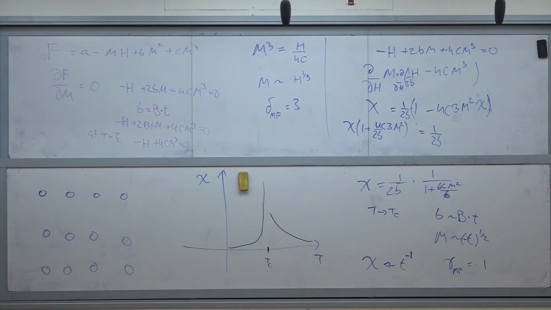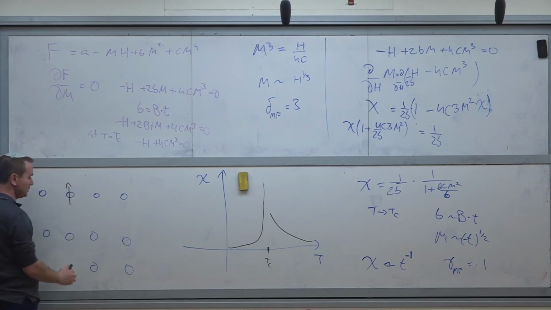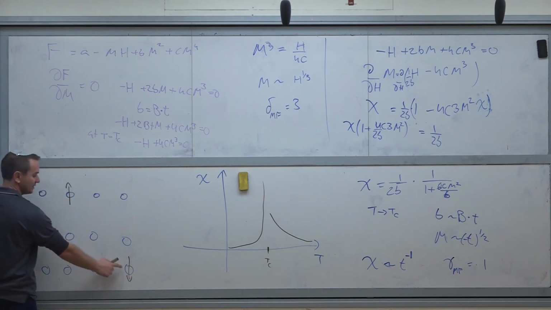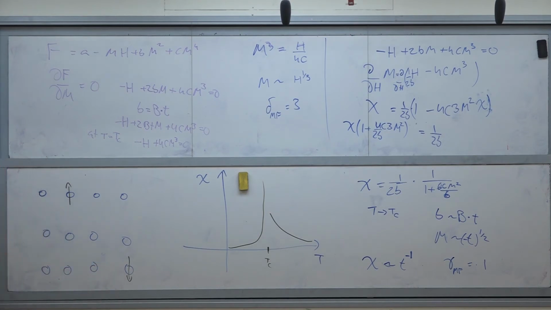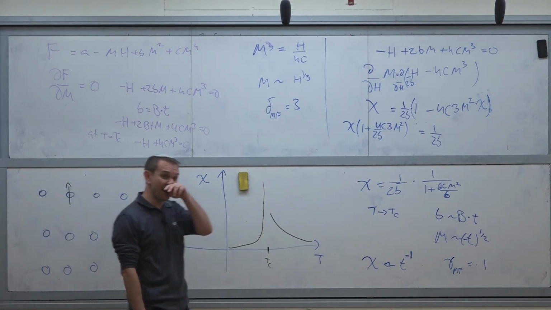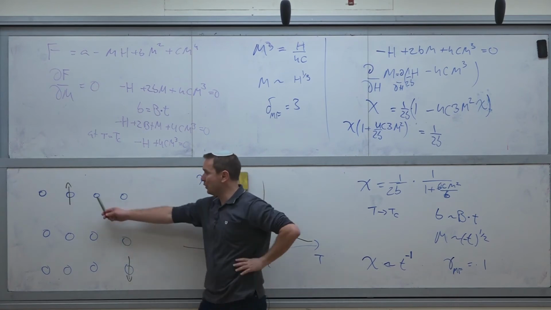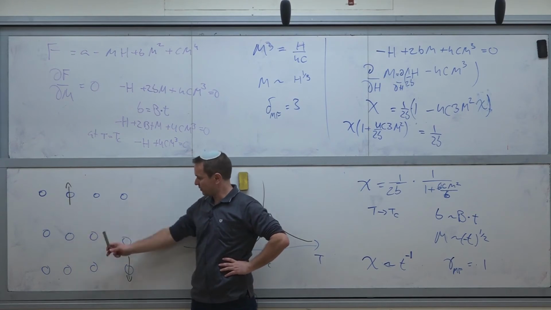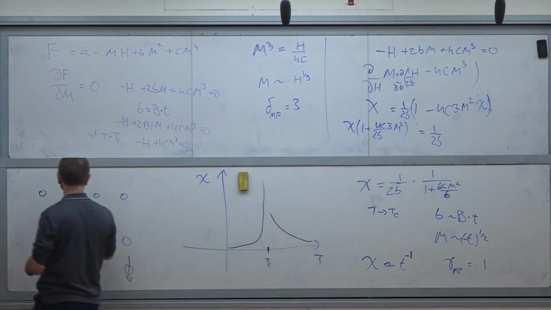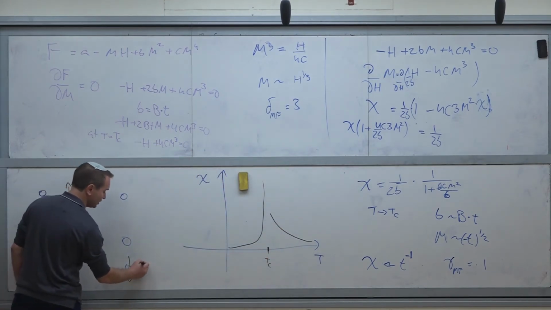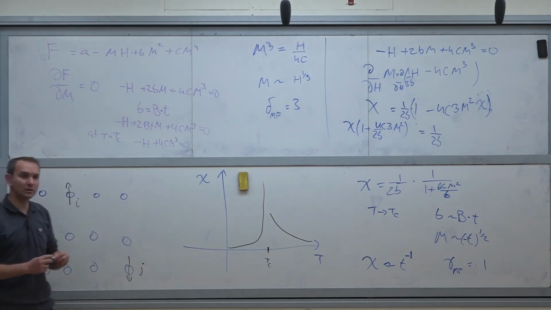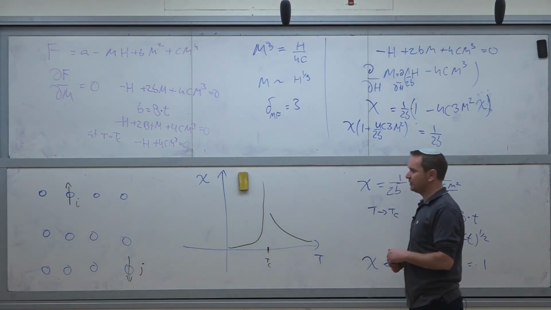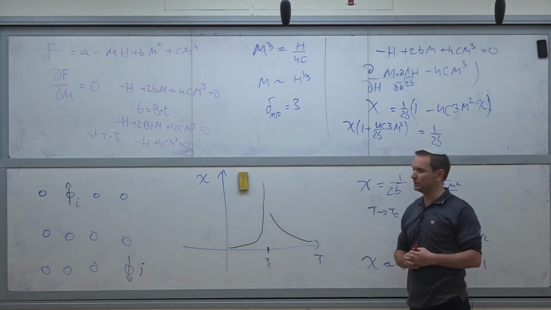Usually we assume that we can have a spin over here and a spin in some other direction, and when the temperature is extremely high, there is absolutely no influence coming from particle I on particle J. They are absolutely different. They don't care about each other. They are uncorrelated.